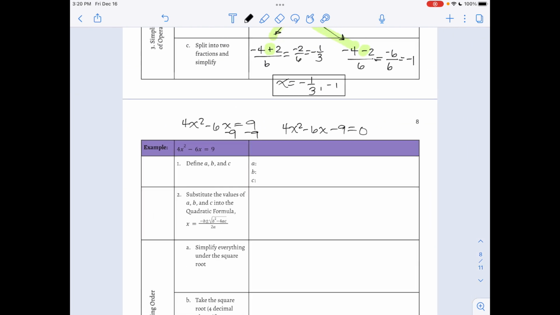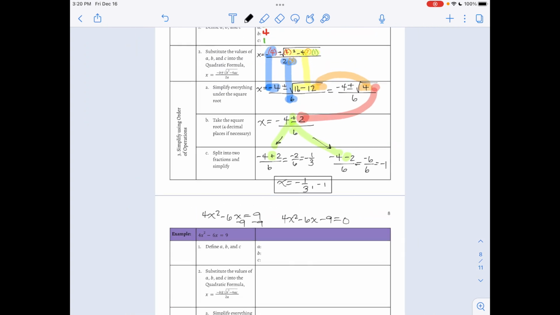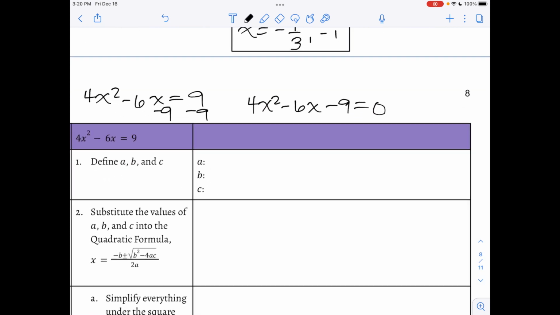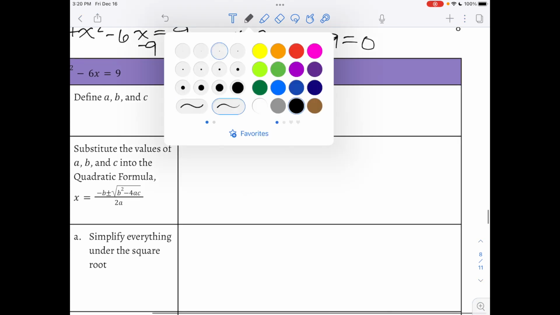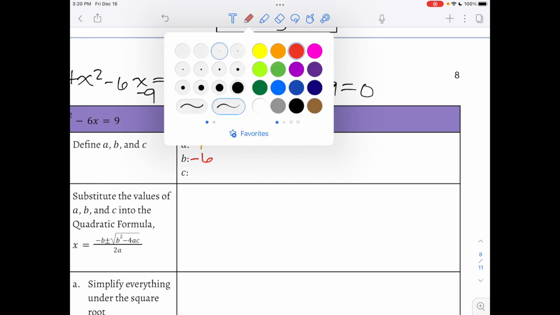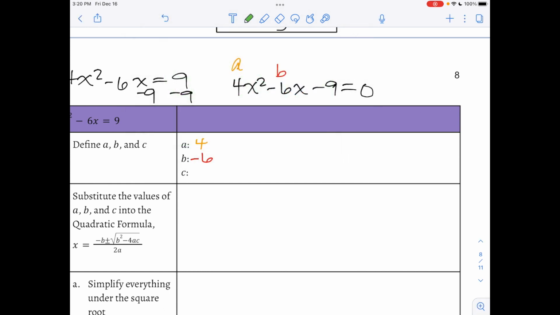Then I can go ahead and identify my A, B, and C like I did up there. So I'm going to use orange, red, and green again. So A is 4. B is negative 6. C is negative 9.